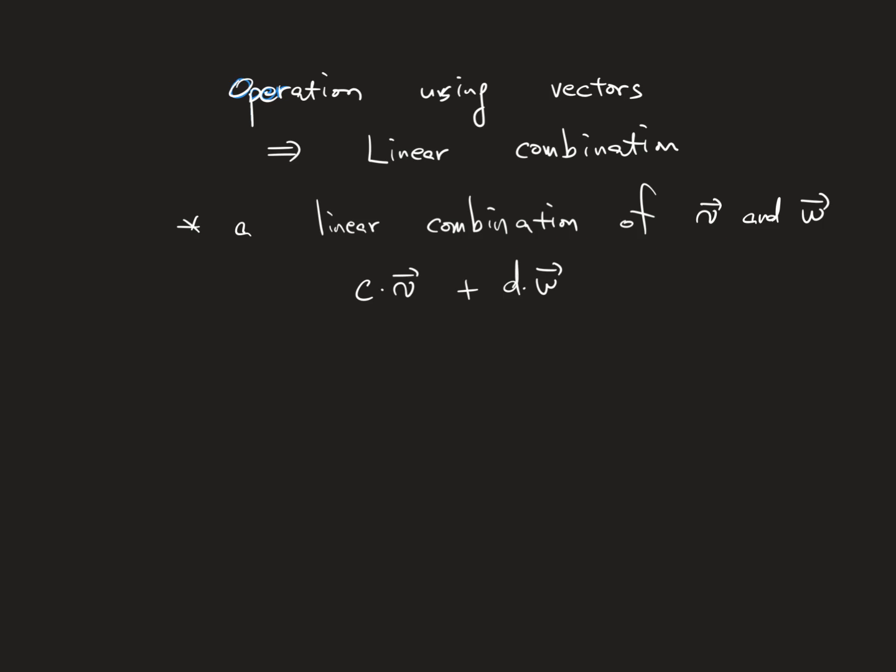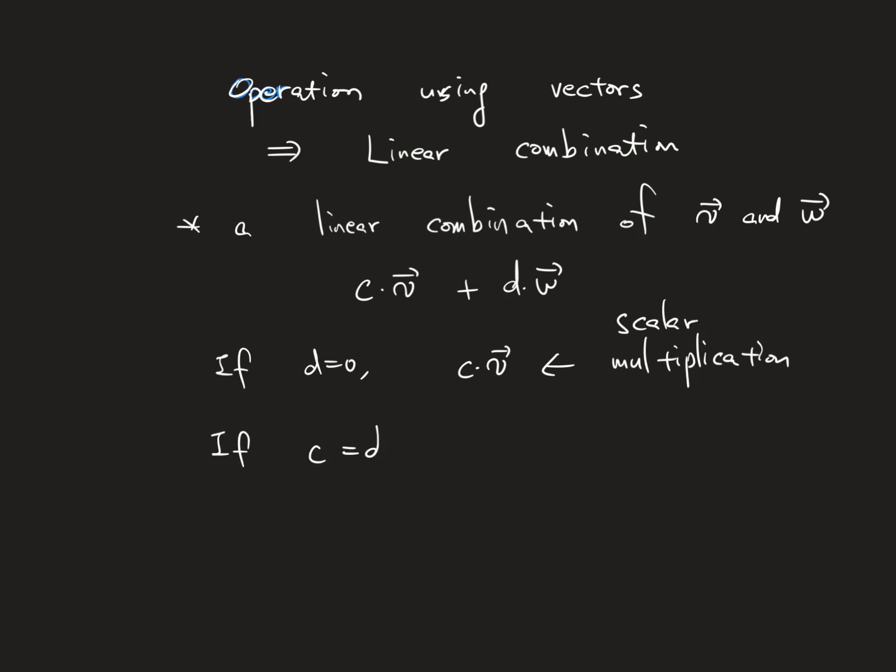If d is equal to 0, we just have c times the v vector, which is just scalar multiplication. And if c and d are equal to 1, what we have is v plus w. This is addition of vectors.